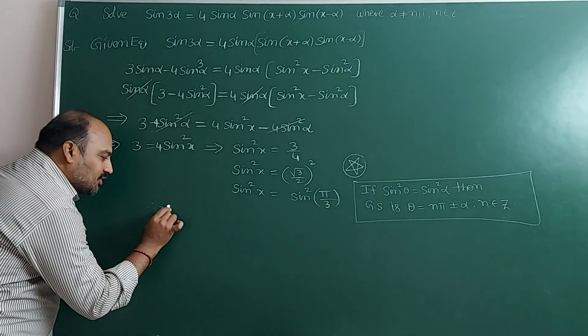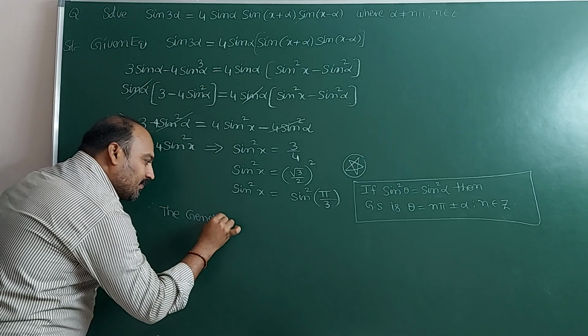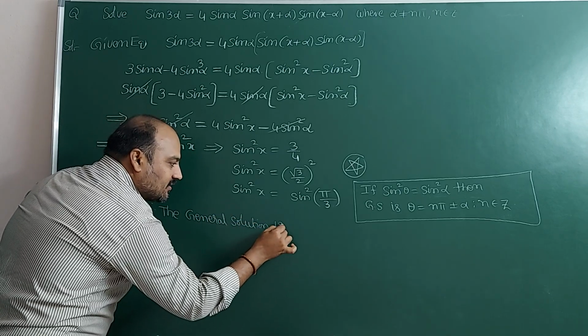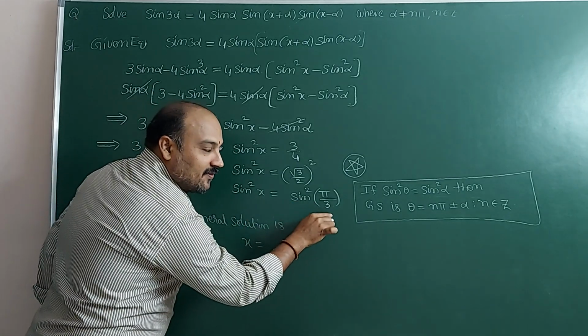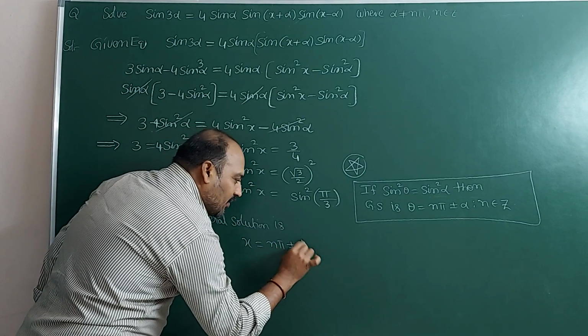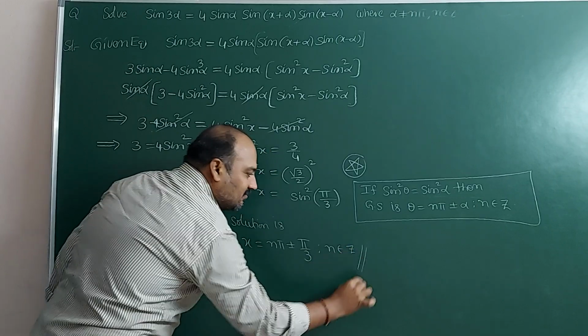Therefore, the general solution is x = nπ ± π/3, n belongs to Z.